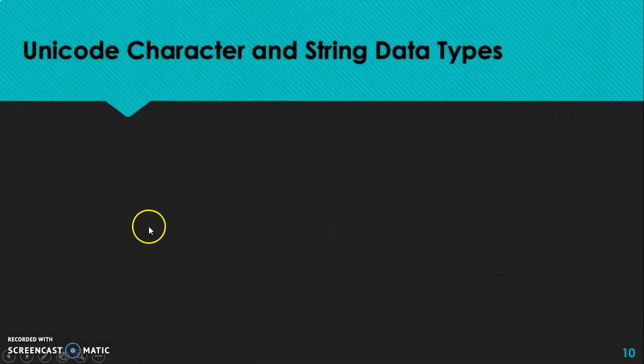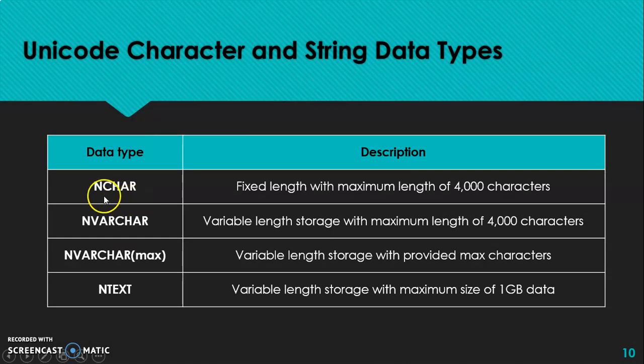Then we have Unicode character and string data types. We have just a character n here that differentiates between the normal character and the Unicode character. So nchar is fixed length, but here the maximum length is 4000 characters. Then nvarchar, again variable length with a maximum of 4000 characters. Then we have nvarchar max, variable length, where the maximum length is provided by this max.